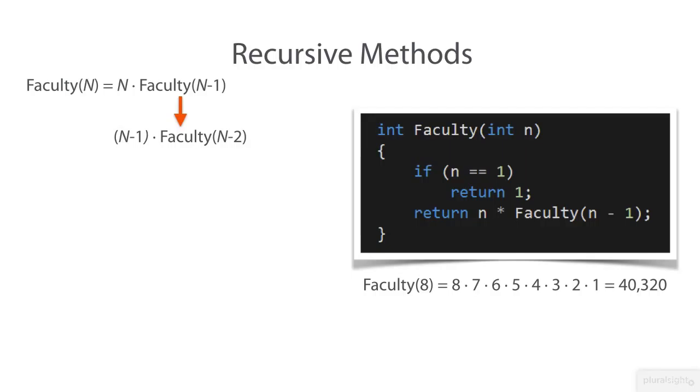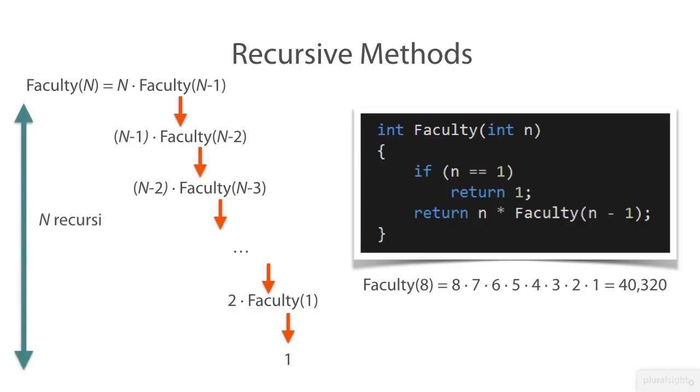Faculty of n minus 2 is n minus 2 times faculty of n minus 3, and so on until we have subtracted so much from n. So we are down at, say, 2 times faculty of 1, and faculty of 1 returns 1 by definition. The execution then goes all the way back up the recursion chain with all the return values.